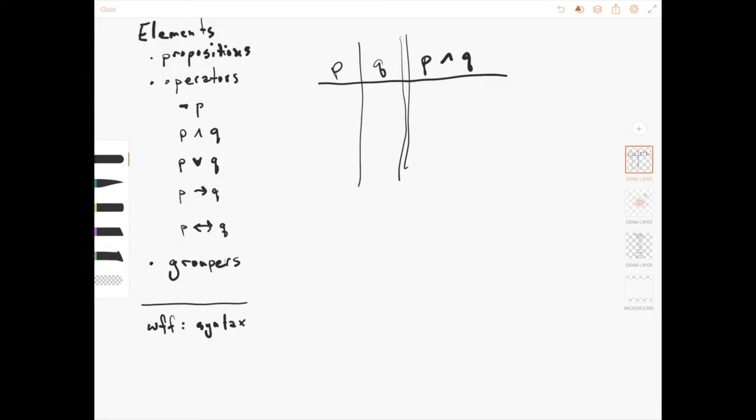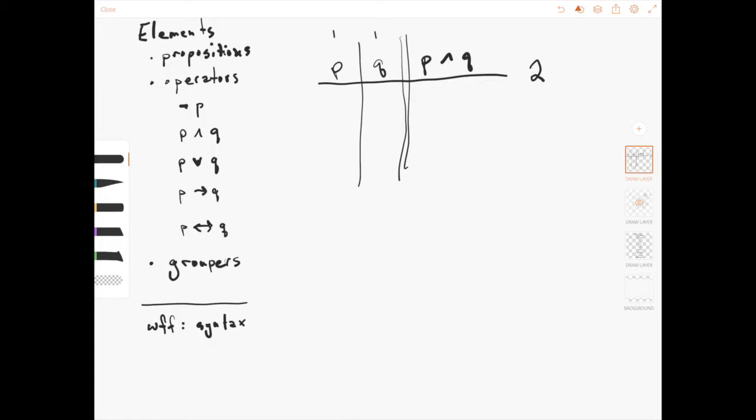So now I'm going to show you an algorithm that ensures that you cover all the bases in terms of possibilities. And it's based on a little math, and here's how it works. We have two values that each proposition could be, true or false. And so what you want to do is count up the number of variables you have, not the number of instances, not how many times a variable is used, but the number of discrete variables you have.